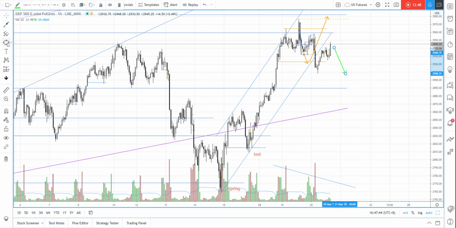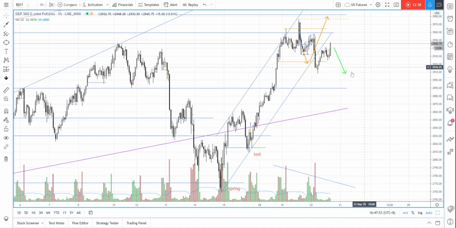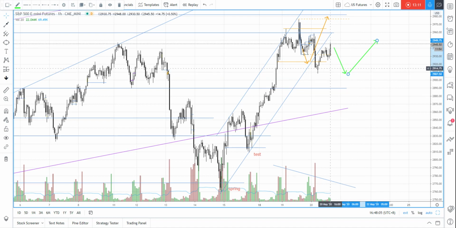Somewhere around this region, I think it should provide some kind of support from 2890 to 2910, and that also coincides with the non-RTH low here. If you can bounce up from there, I think it would be a great long entry for me. Otherwise, you can have a test at the 2920 level. I would like to see a bounce up from there.